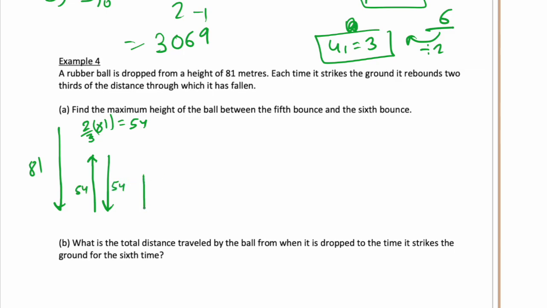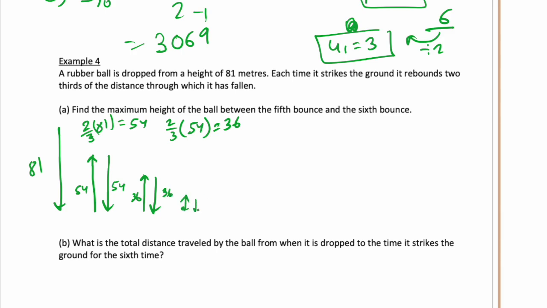And then the next time, you're going to have this up and down as well. The ball goes up, then it comes down. 2/3 of 54. Well, 54 divided by 3 is 18, times 2 is 36. So this goes up 36, down 36. And it keeps going forever.